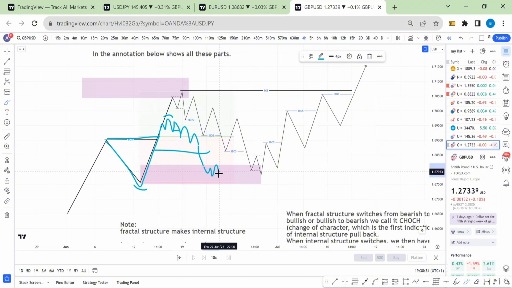You can trade from here directly if you want. It's of good probability. But if you still want to wait for an internal break of structure right here, then when price pulls back, you are sure that internal is bullish, fractal is bullish, and swing is bullish.